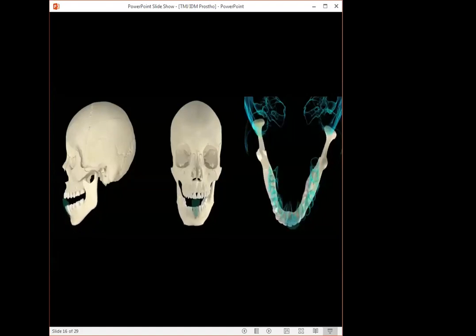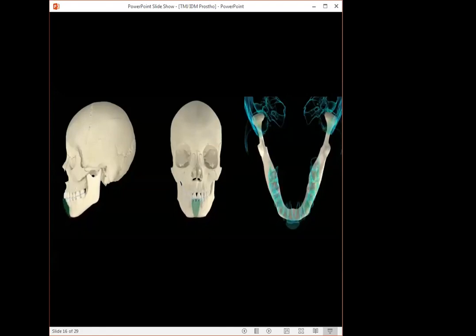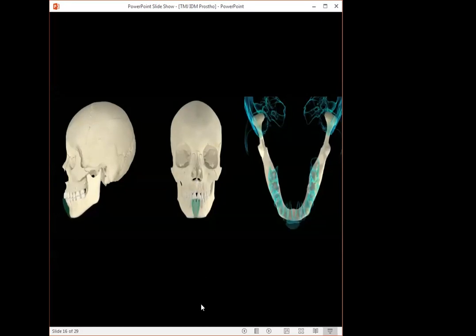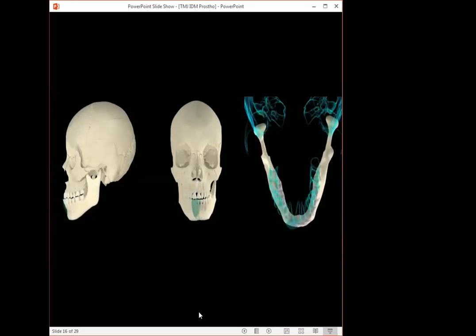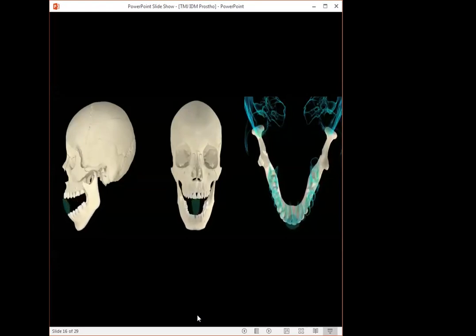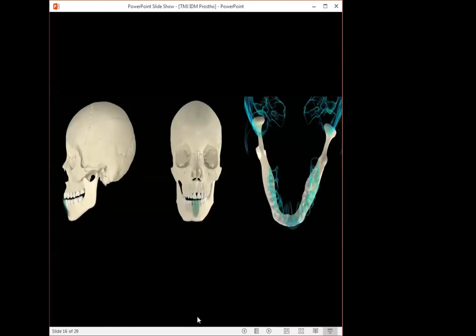So, mandibular movement. If you look at these movements carefully, this is how the mandible comes back to its centric relation. Centric relation is the relationship between the maxillary and mandibular teeth when the mandible is at rest. The mandible starts moving towards the left, then it opens wide, and while coming back it shifts towards the right and comes back to intercuspation.